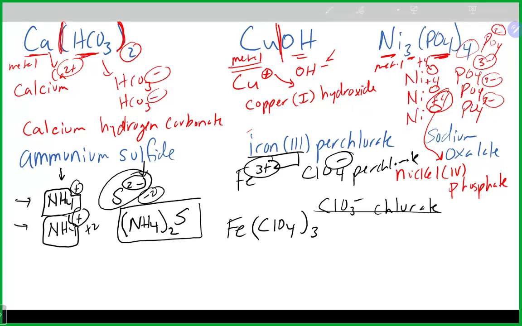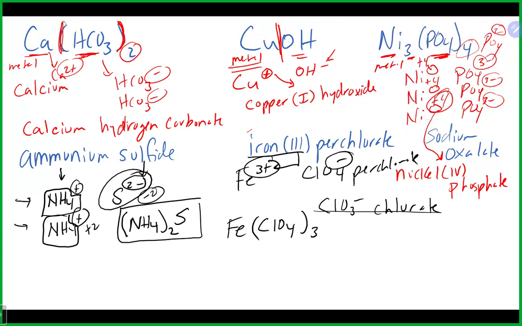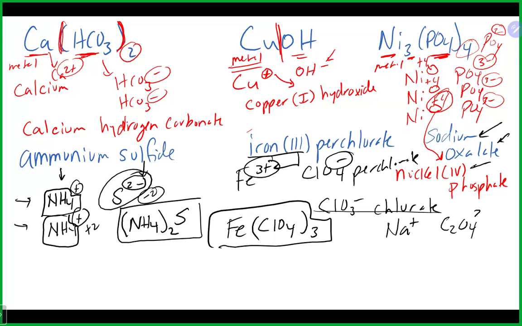All right, so lastly in terms of a name or a formula, we have sodium oxalate in this case. So sodium is group 1, has a +1 charge. Oxalate is C2O4 2 minus. So once again, we are putting together a -2 with a +1.